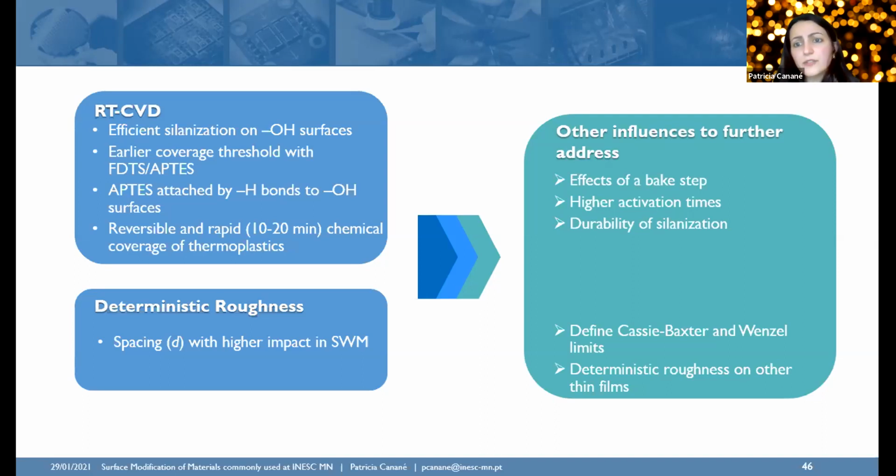Of course, there are other influences and variables that we need to further address, like the effects of a bake step after silanization to strengthen the covalent bonds, the effects of higher activation times, the durability of silanization, and defining limits between the Cassie-Baxter and the Wenzel models, because a droplet can go from one model to the other depending on the structures, and of course evaluating this type of roughness on other thin films.